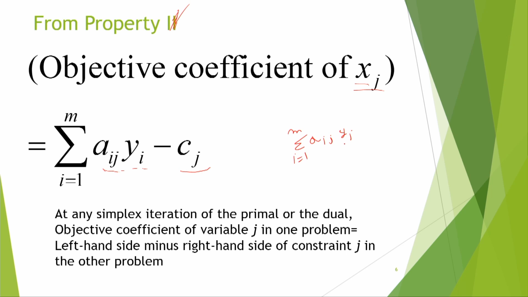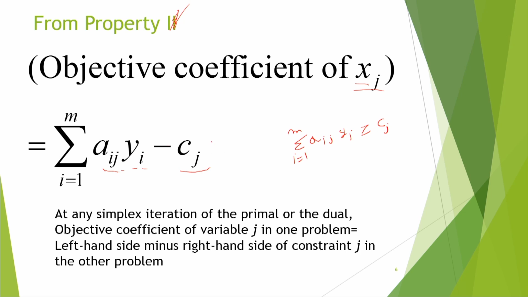Yi is the quantity used, and this is equal to aij yi, and then it is minus cj. So we are associating this with cj. That means we are putting greater than cj, and we took it to the other side.